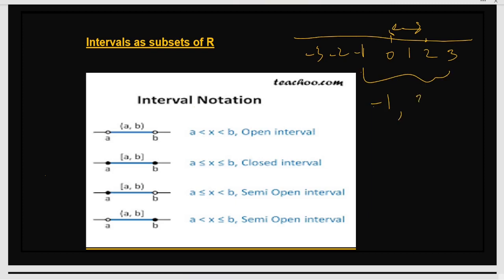Minus 1 to 3 is an interval. This particular segment is an interval. 0 to 1 is an interval. That way you can write down on the number line: start point, end point.